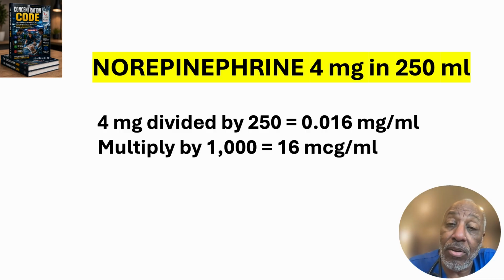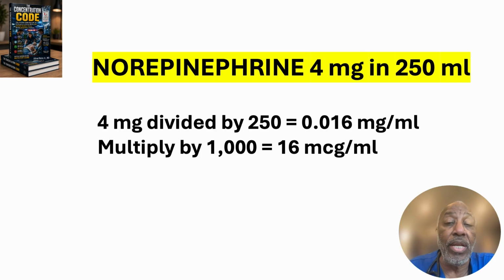The key habit to build right now is reading concentration labels aloud when you pick up a bag. Not just the drug name, not just the volume, the actual concentration. Say it loud. Norepinephrine, 4 milligrams in 250 milliliters, that's 16 micrograms per milliliter. Do that every time you hang a drip for the next 2 weeks and watch how quickly it becomes automatic.